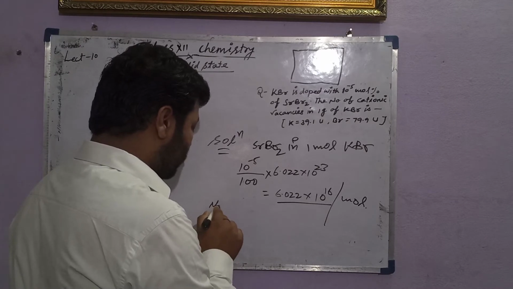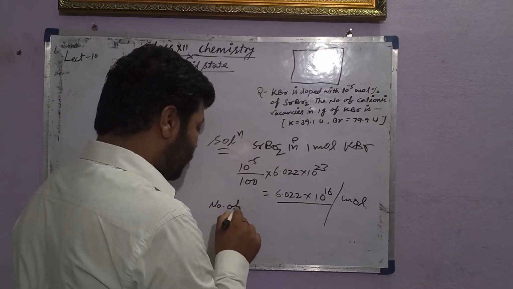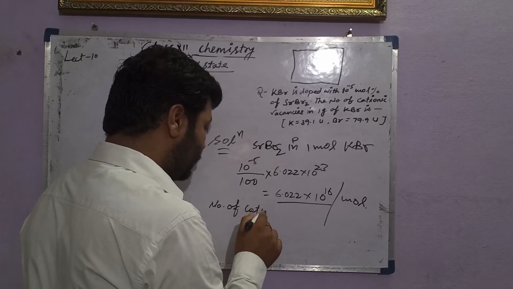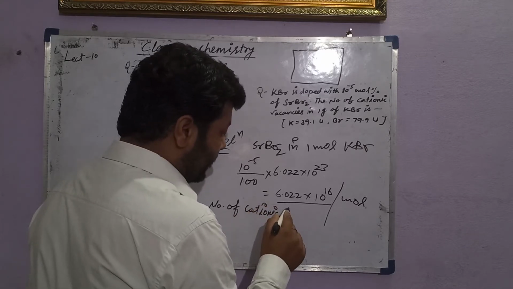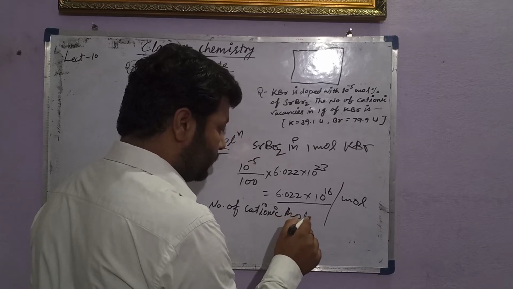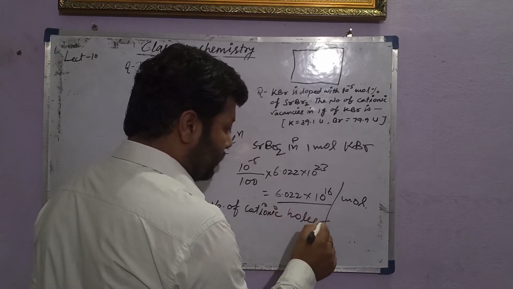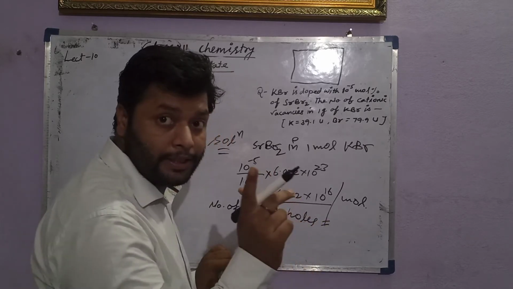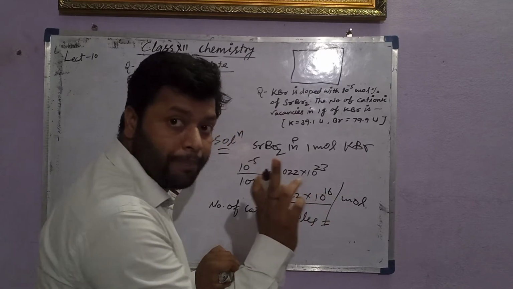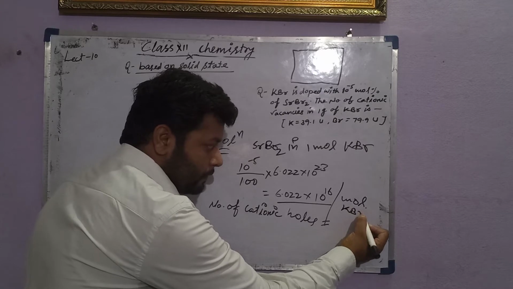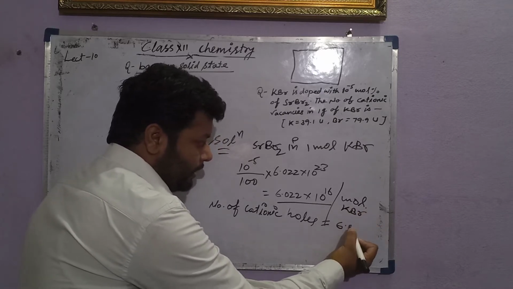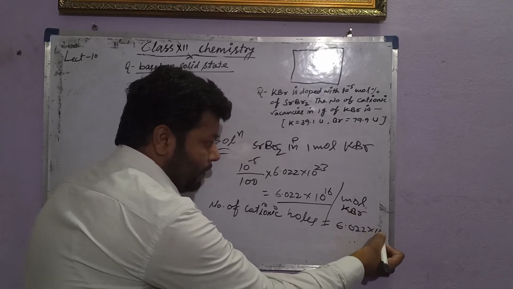The number of cationic holes equals the same value, indicated per mole. Per mole of what? Per mole of KBr, 6.022 times 10 to the power 23.